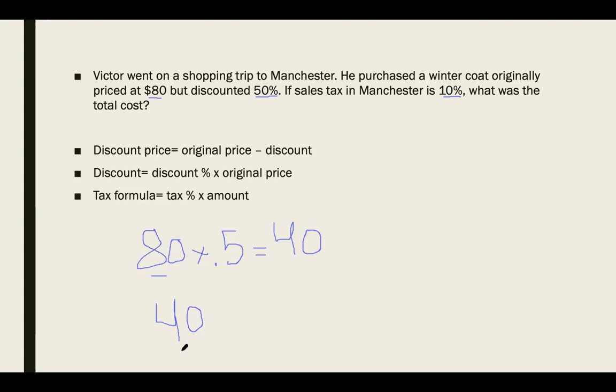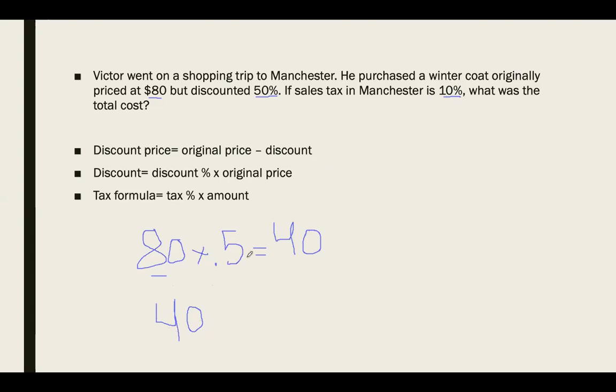Next, we have to keep in mind that the sales tax in Manchester is 10%. So we have to add that 10%, or that 10% is going to be added to the 40, but the 10% is going to be multiplied by the 40 because the 10% is essentially per each dollar. So 10% of each dollar, which is 10 cents. So here we have $40.